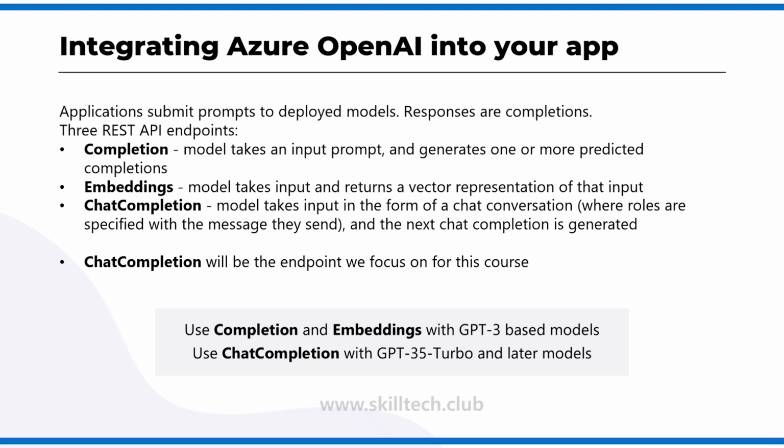When we specify those role-specific messages, we send that in the prompt, and based on that, a chat completion is generated. In this full module, we are only going to use chat completion practically when we write code. But before we do that, let's understand how we can send the request and get the response based on the OpenAI REST APIs for these different endpoints.